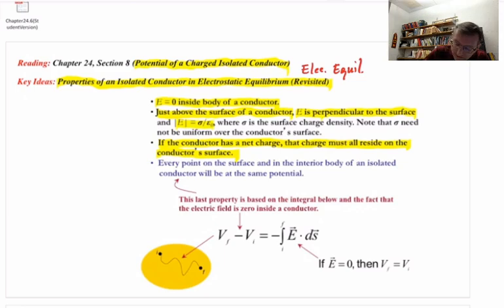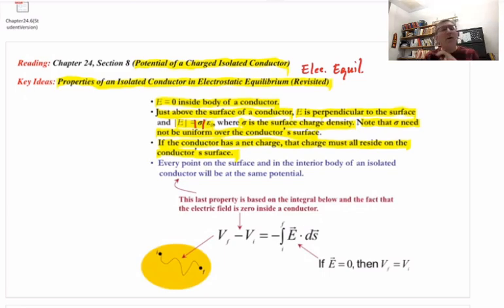We really ought to write it as the absolute value of sigma over epsilon 0, where sigma is the surface charge density at the location where you are. And it doesn't have to be the case that sigma is uniform over the conductor's surface. It depends upon the conductor's shape and if there are any other charges around.